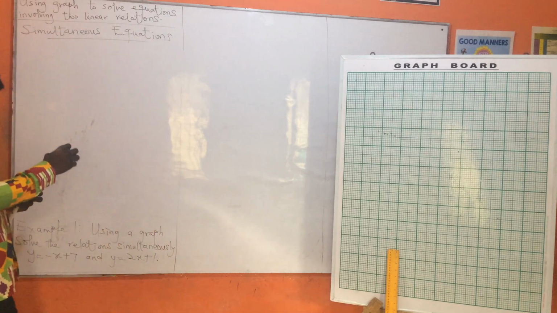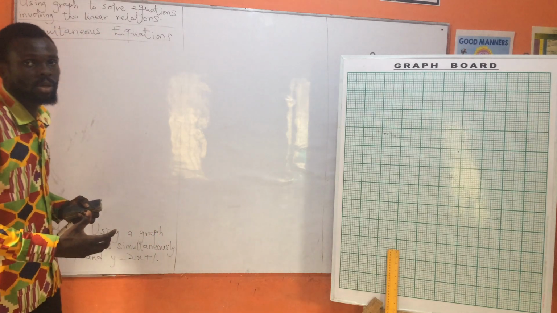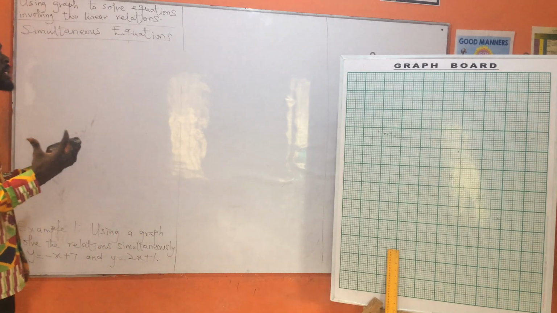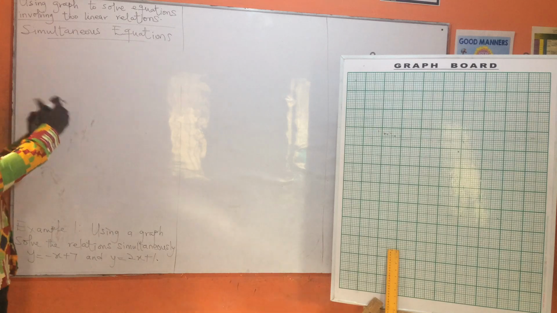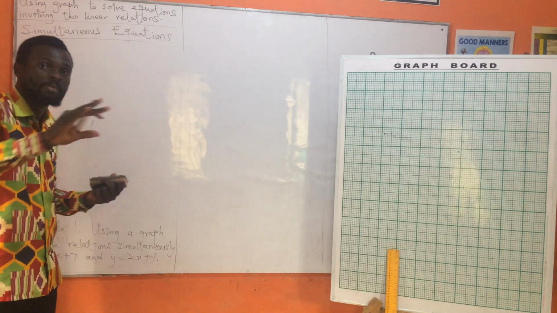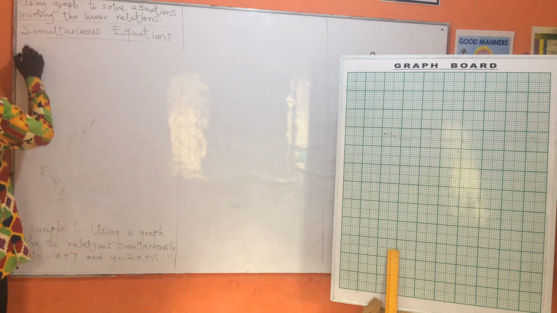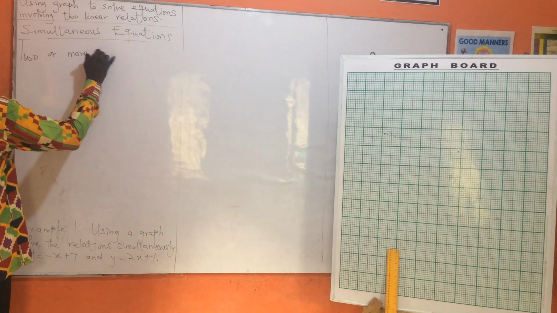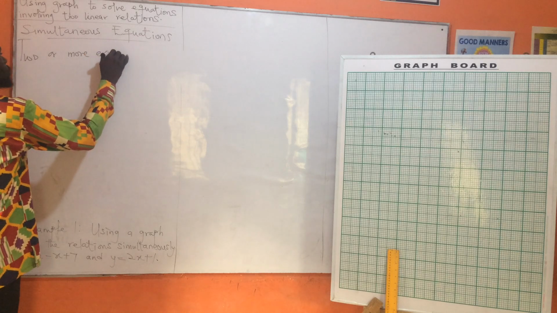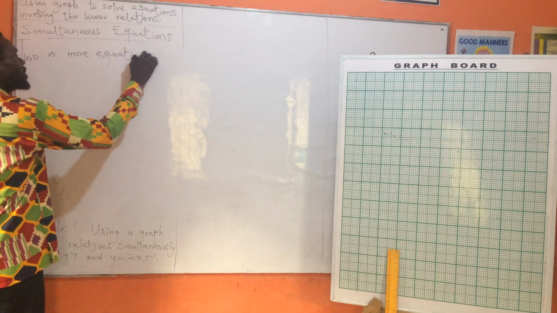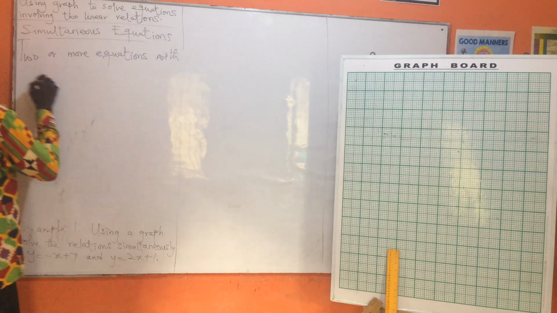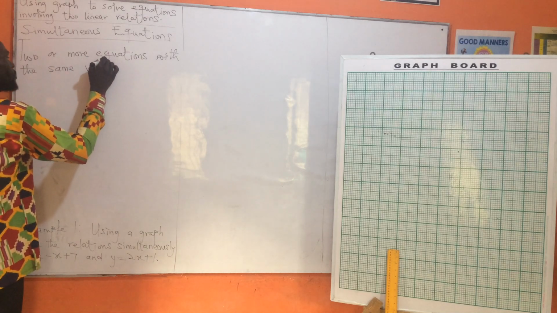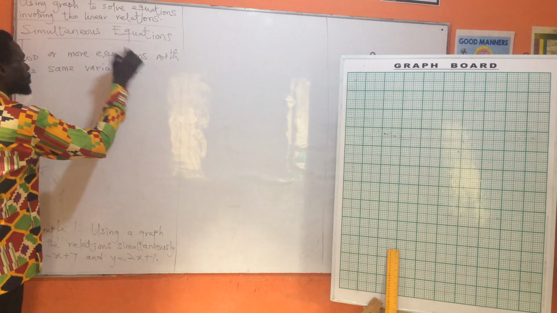But first of all, when we say simultaneous equations, what are they? Simultaneous equations are two or more equations with the same variables.